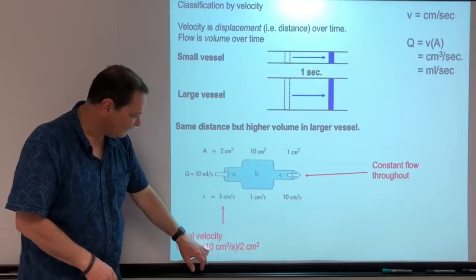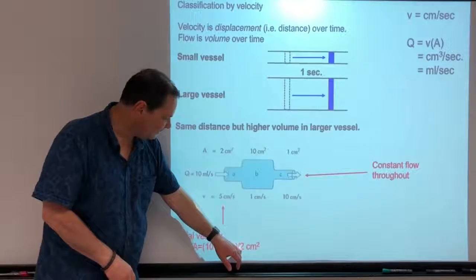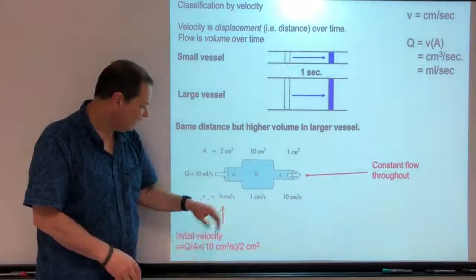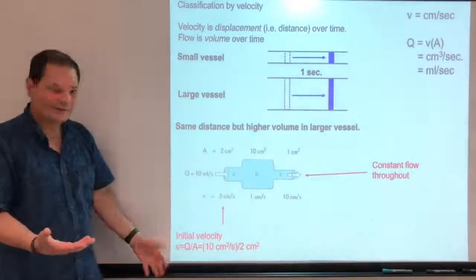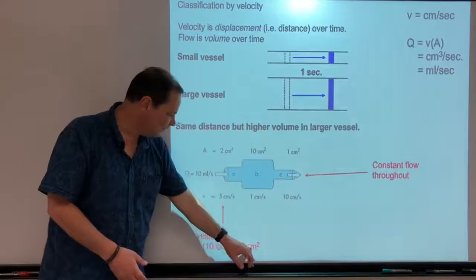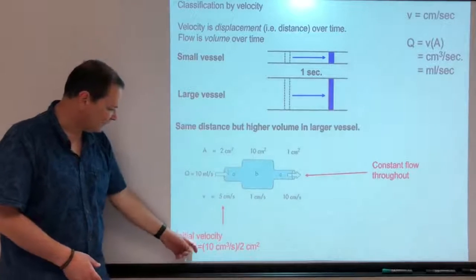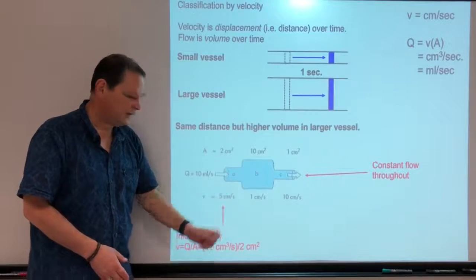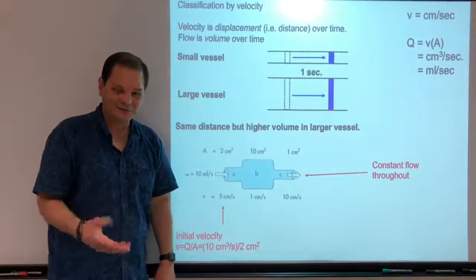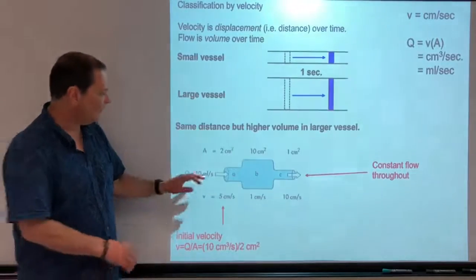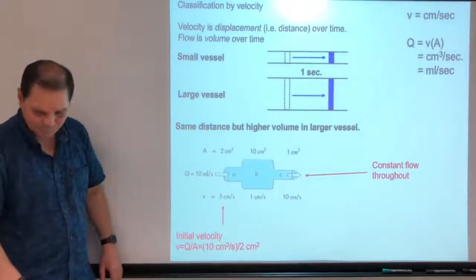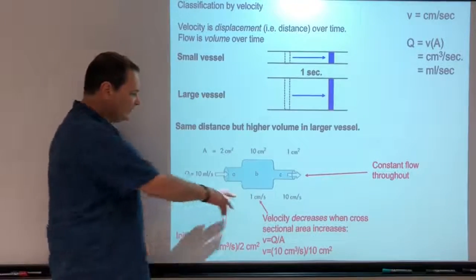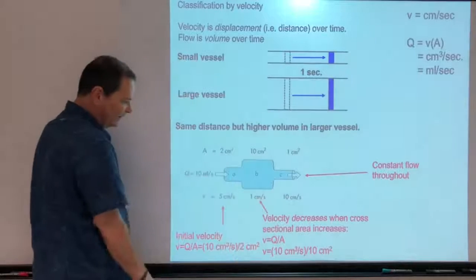That's 10 cubic centimeters, or 10 mL per second, divided by 2 centimeters squared, which is the cross-sectional area, and that gives you 5 centimeters per second. That's the velocity of flow. Now, the blood flow in B is exactly the same, but the velocity has dropped to 1 centimeter per second.